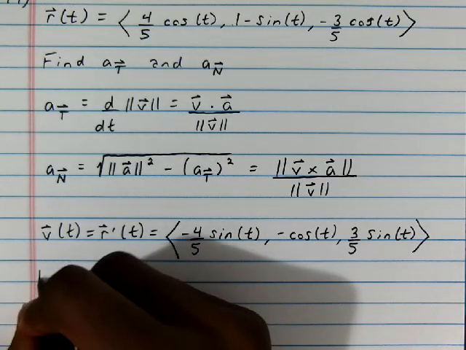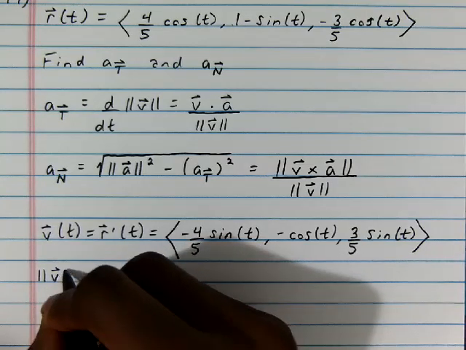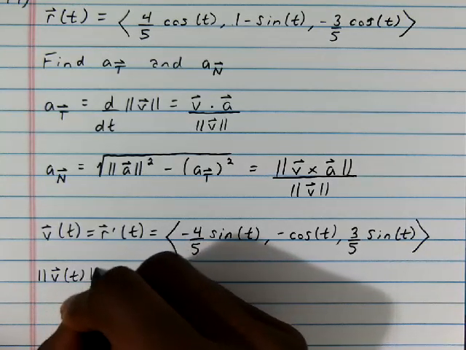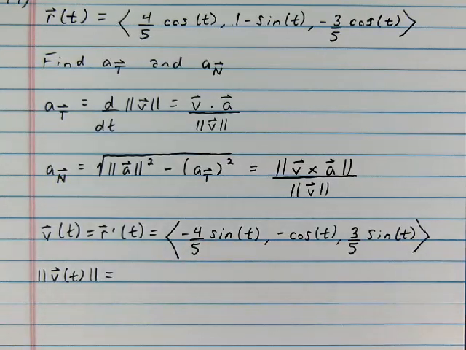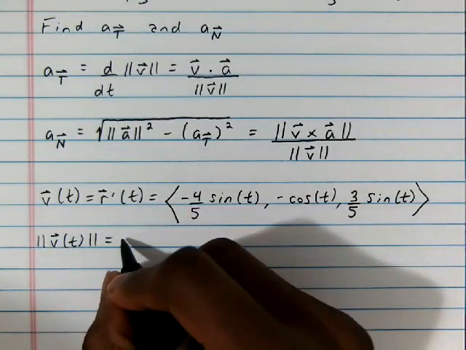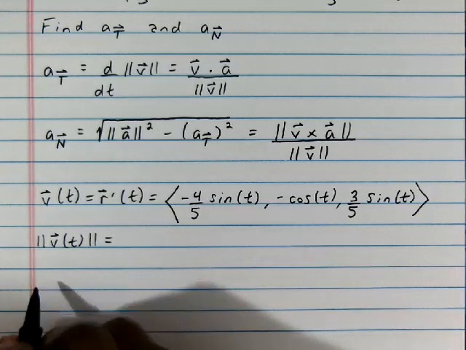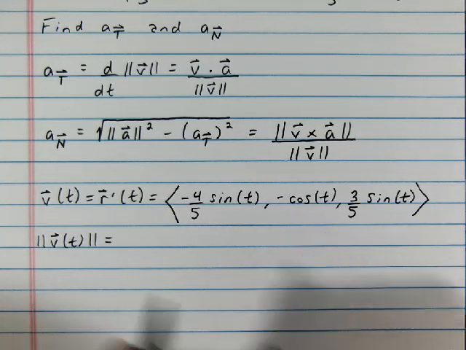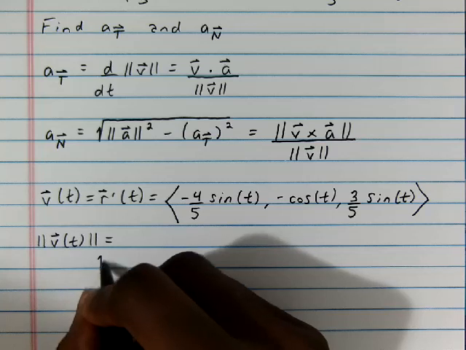So the magnitude of v of t equals the square root of, can I fit this here? I'm going to go to the next line just in case I can't fit it there.